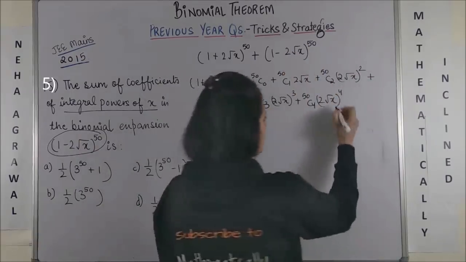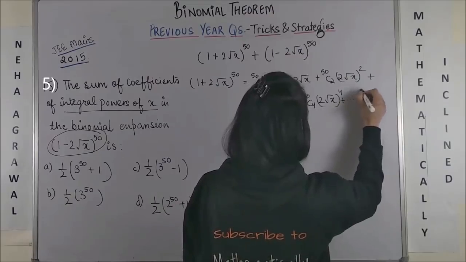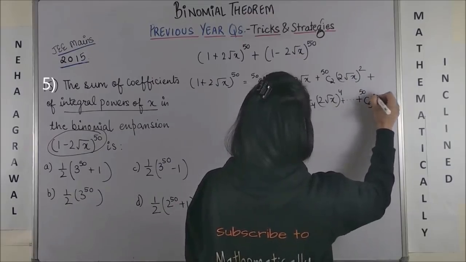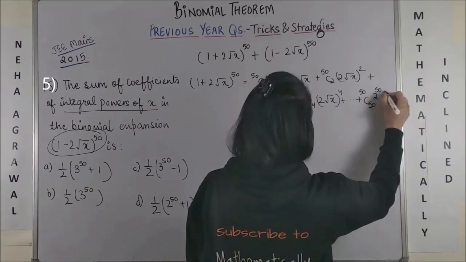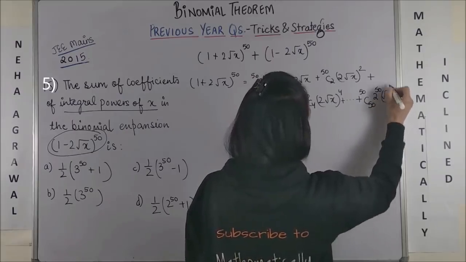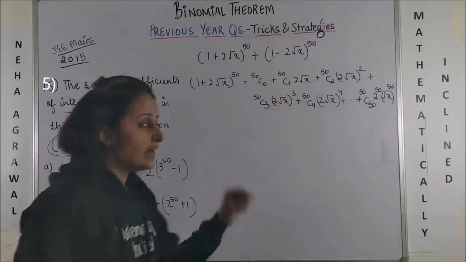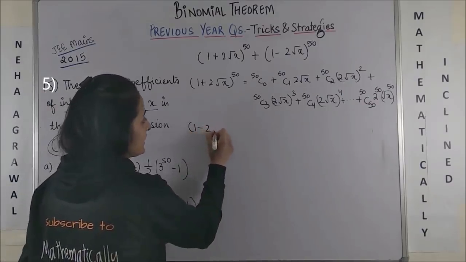You can go on and on, but let's just stop here. And the last one, 50C50 2 raised to power 50, and this will be the square root of x raised to power 50.